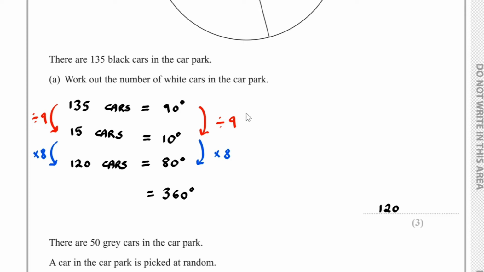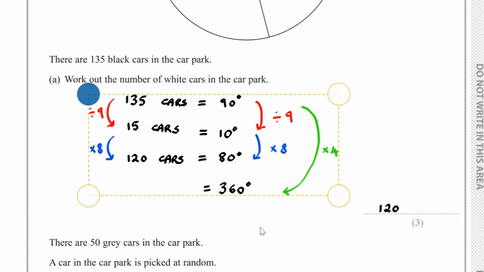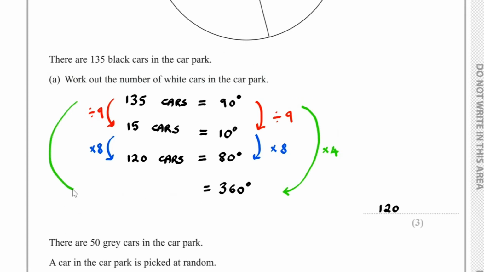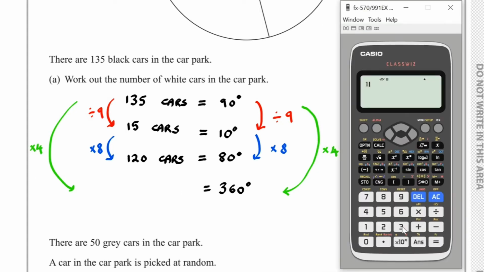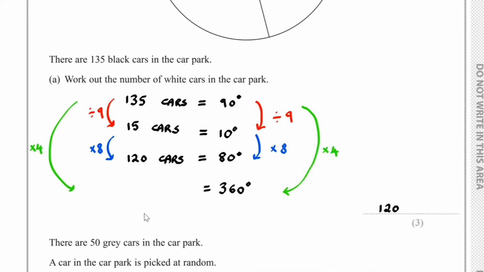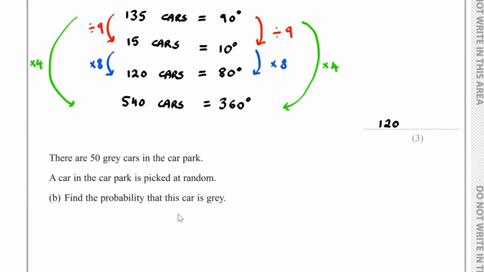And to do this, I can multiply the 90 by 4 to get 360. So I also need to multiply the 135 by 4, which is 540. So I have 540 cars, which is equal to 360 degrees.